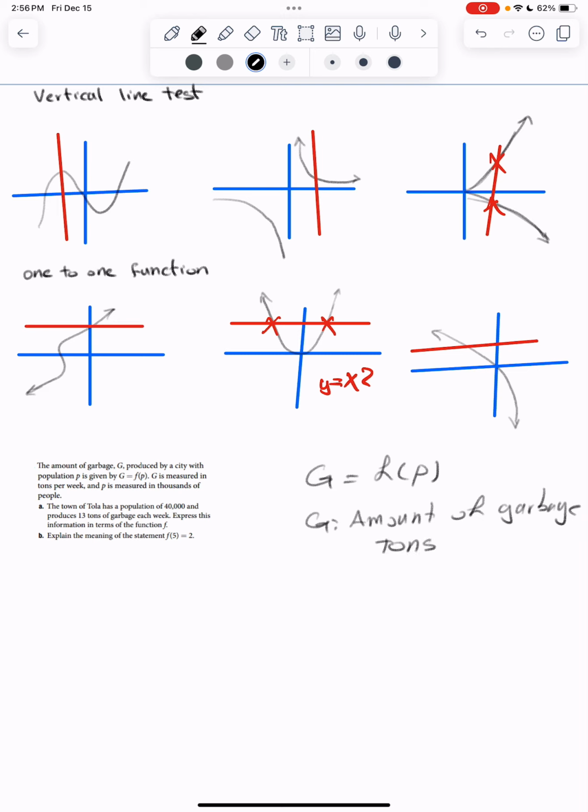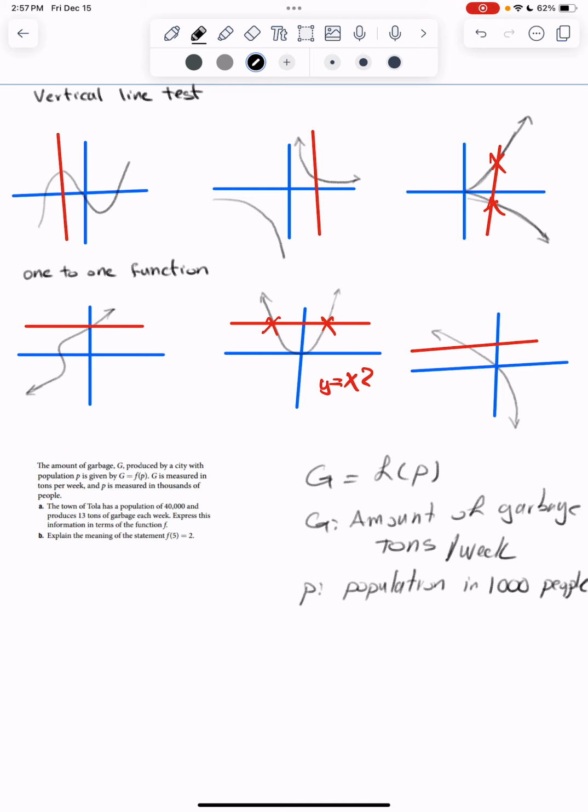For any data you need a unit, right? So this is tons per week. And then P is the population in thousands of people. So each thousand of people is 1 P.